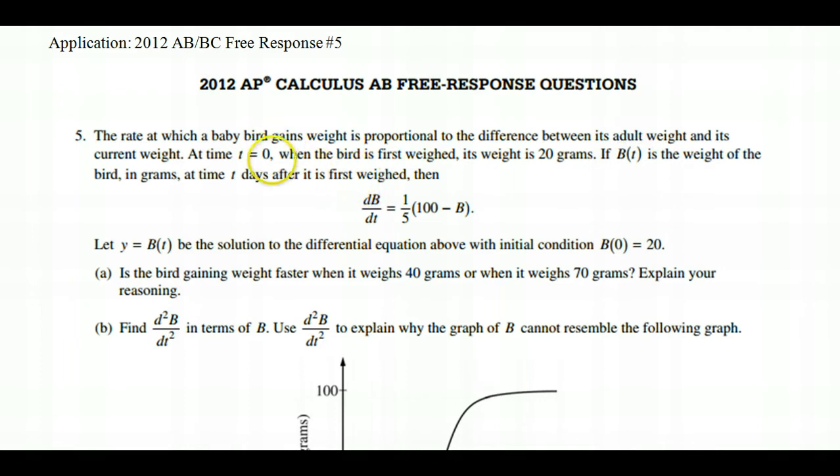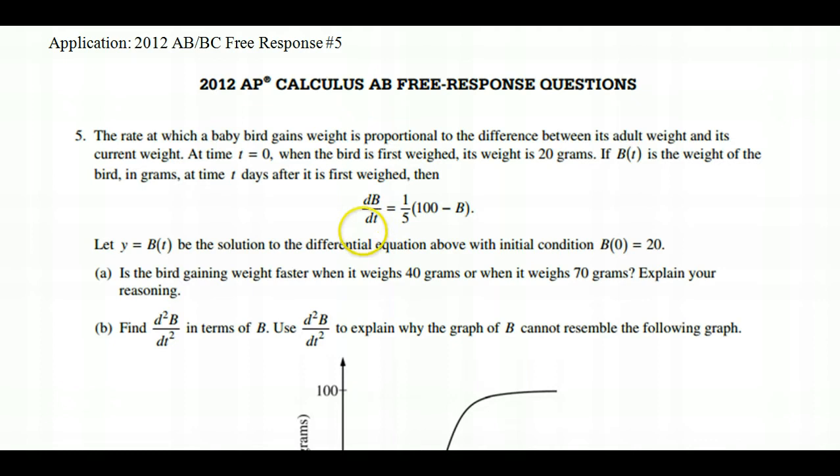So on day 0, when the bird is first weighed, it's 20 grams, and from then on, to figure out how much it weighs, you'd have to plug the number of days into this b function that we don't have yet.